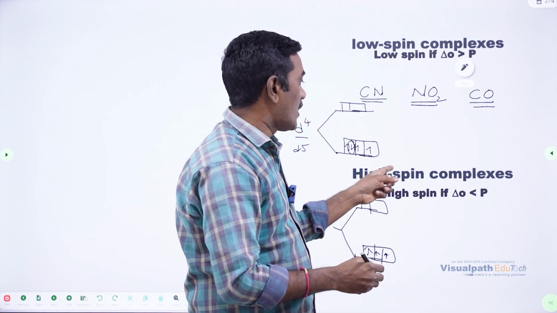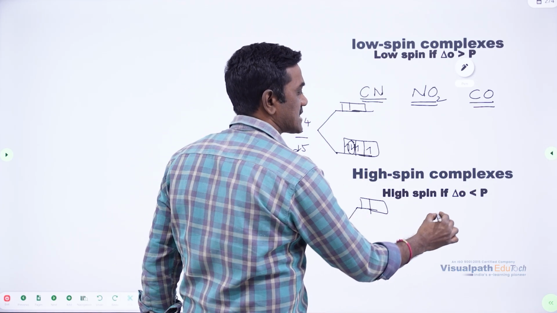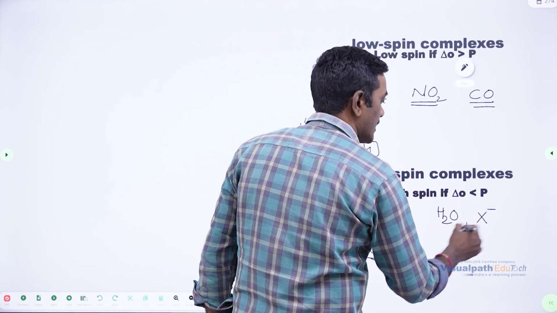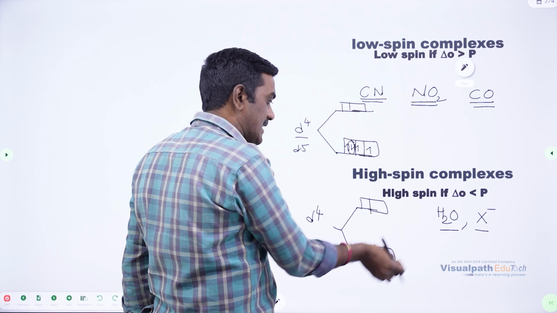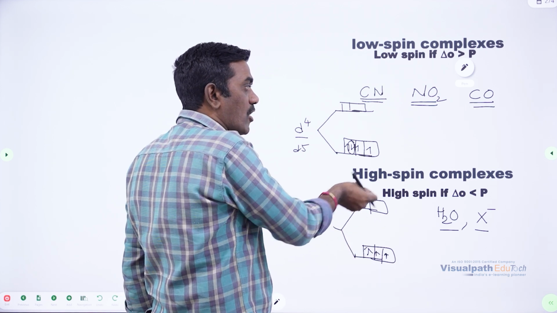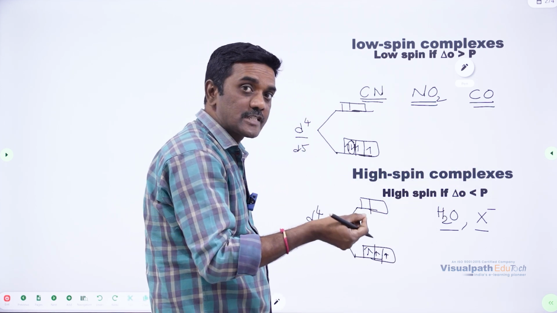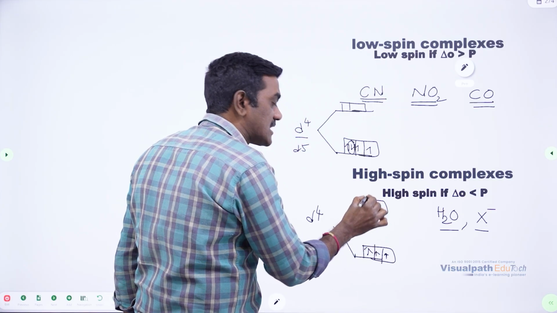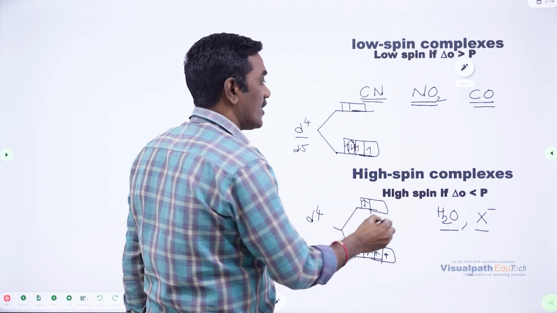Now in the case of a high spin complex, for example water or any halogens, these types of ligands form a high spin complex. What is the meaning of high spin complex? The fourth electron will tend to move to the higher energy level. It will not undergo pairing. Why?